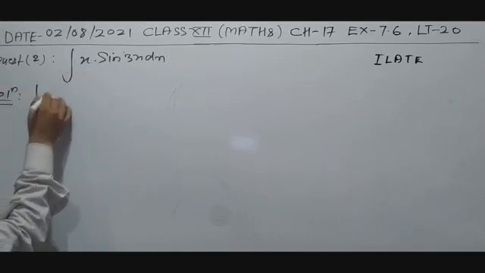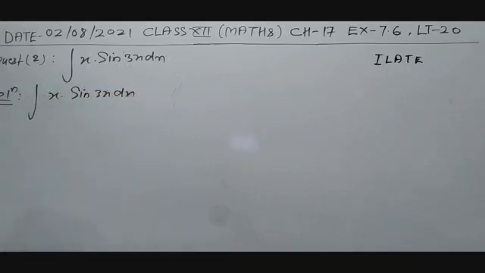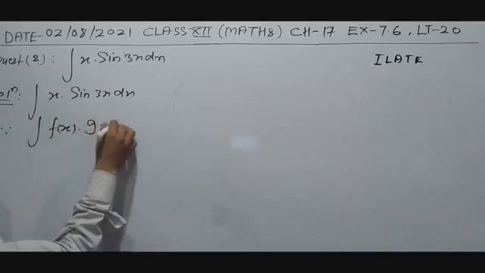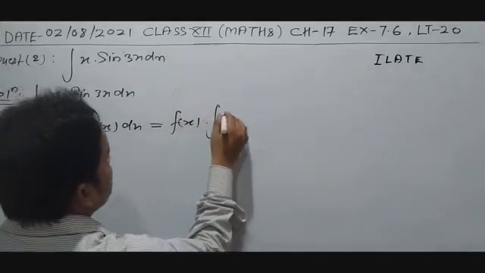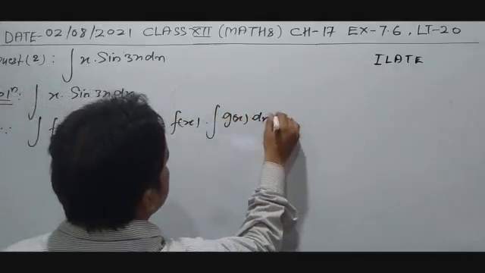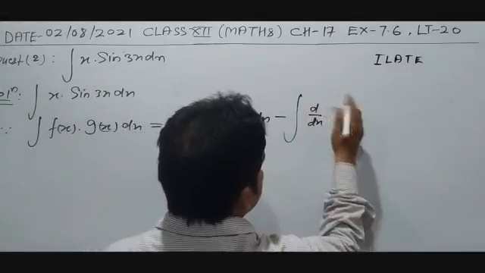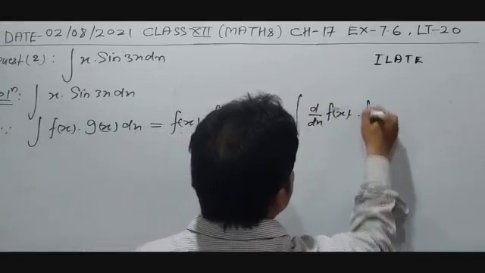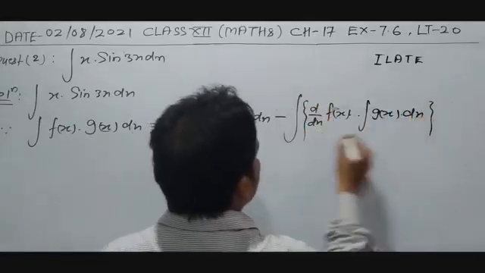Now the solution: x times sin 3x dx. You know the formula: the integral of f(x) times g(x) dx is the first function times the integral of g(x) dx, minus the integral of d by dx of f(x) times the integral of g(x) dx, whole dx.